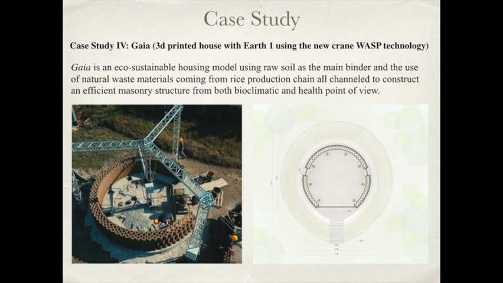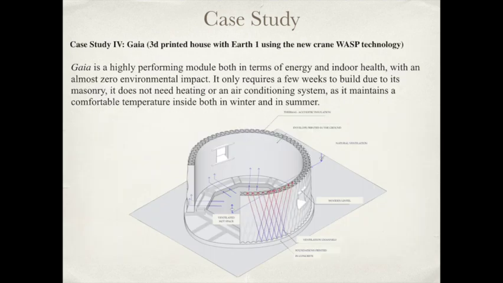Gaia is an eco-sustainable housing model using raw soil as the main binder and the use of natural waste material coming from the rice production chain, all channeled to construct an efficient masonry structure from both bioclimatic and health points of view. Gaia is a highly performing module, both in terms of energy and indoor health, and almost zero environmental impact.